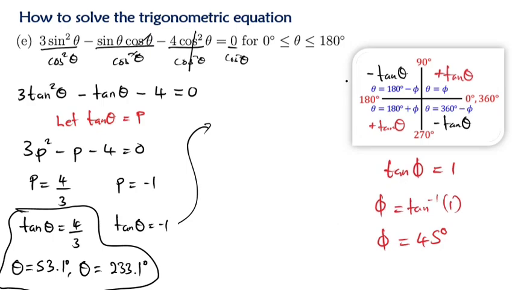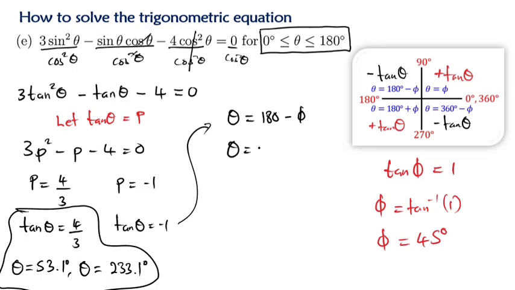Now, there's one thing I overlooked. Since theta lies between 0 and 180, it means that we do not need the third and fourth quadrant. So we only need the first and second quadrant. Tan is negative in the second quadrant. So we'll say theta is equals to 180 minus phi in the second quadrant.